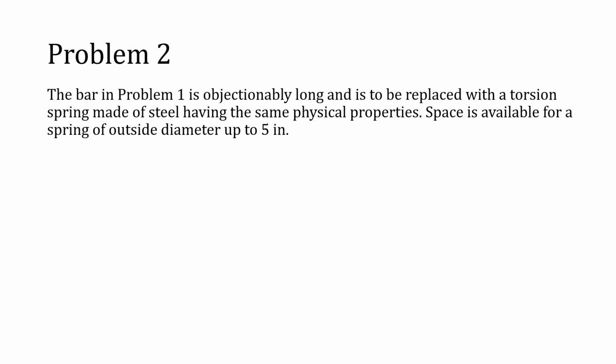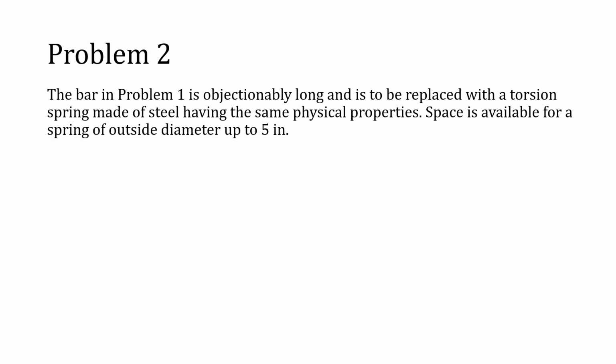Moving on to problem 2, it's essentially an extension of problem 1. Based on what we found, our bar for problem 1 is really long, so what we're going to do here is try to replace it with a torsion spring instead of a bar. We're going to assume it's made of the same material, steel, with the same physical properties.